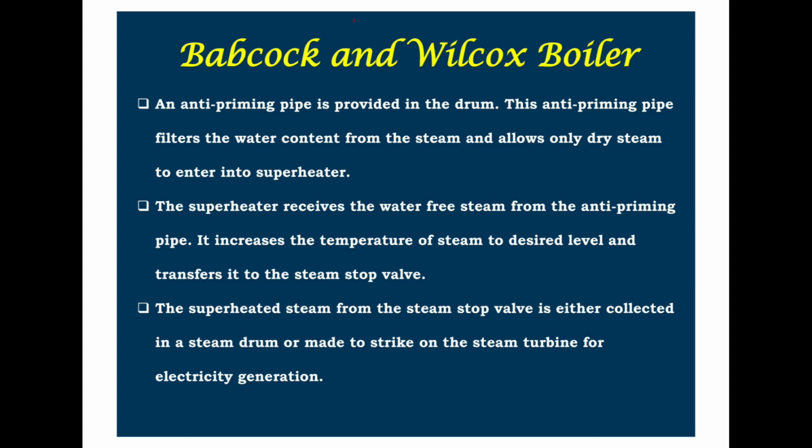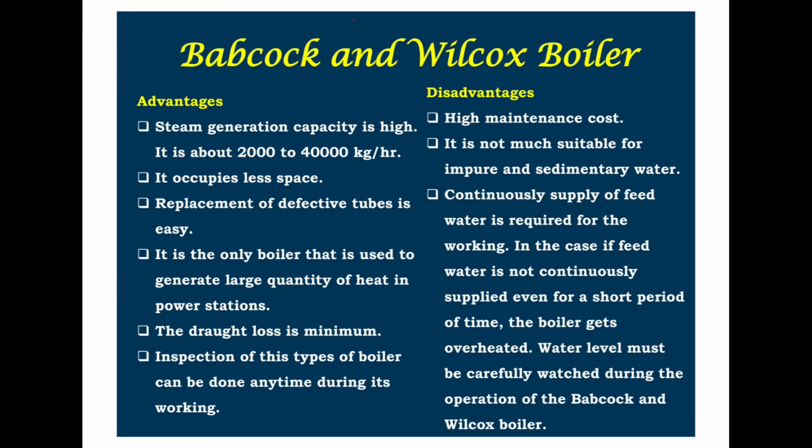The superheater receives the water-free steam from the anti-priming pipe. It increases the temperature of the steam to the desired level and transfers it to the steam stop valve. The superheated steam from the steam stop valve is either collected in a steam drum or made to strike the steam turbine for electricity generation.